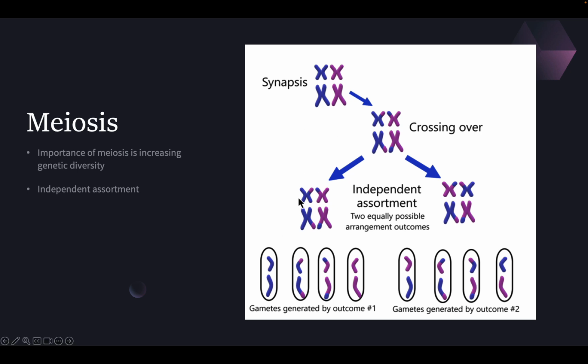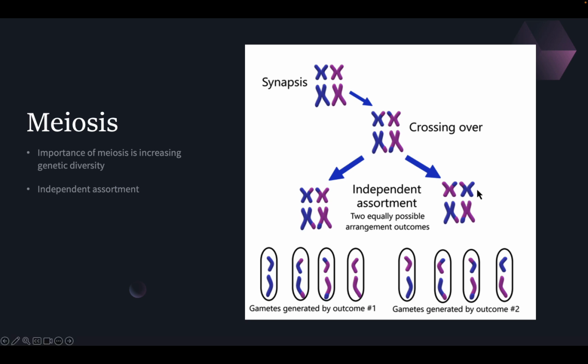So we have option 1. The dad chromosomes stay together. So let's call the little one chromosome 1 and the big one chromosome 2. So dad's chromosome 1 and dad's chromosome 2 stayed together. Mom's chromosome 1 and mom's chromosome 2 stayed together. But equally as likely, mom's chromosome 1 could go with dad's chromosome 2.